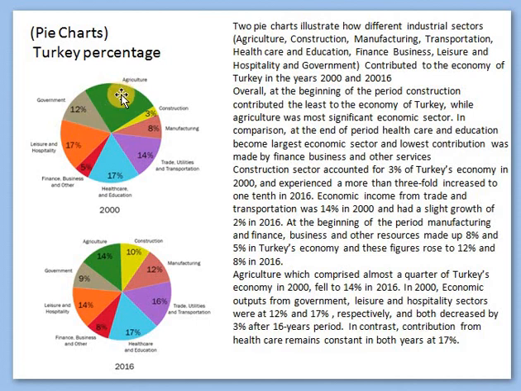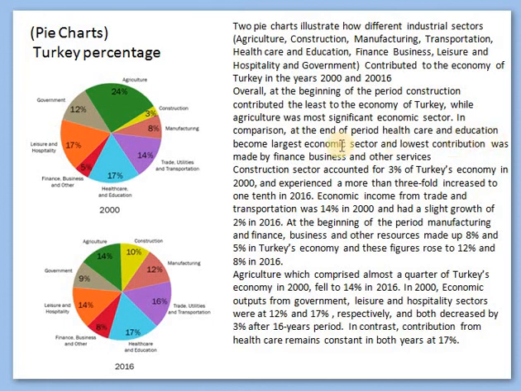Agriculture is 24%. In comparison, at the end of the period, healthcare and education became the largest economic sector. Healthcare is 17%. So this is the largest economic sector.